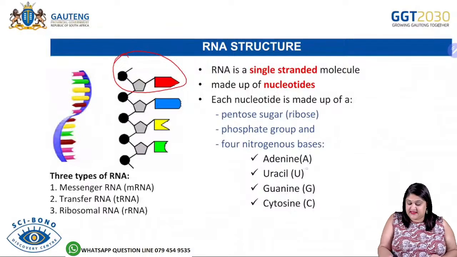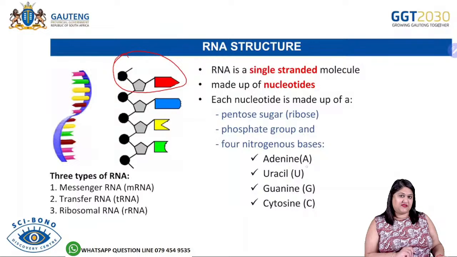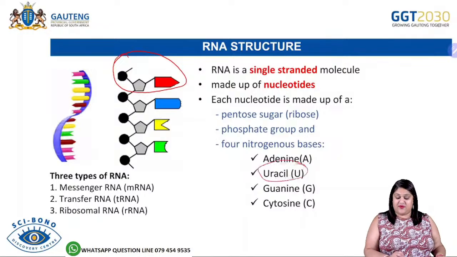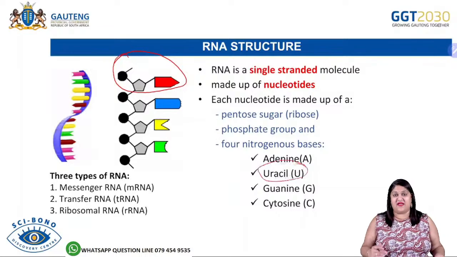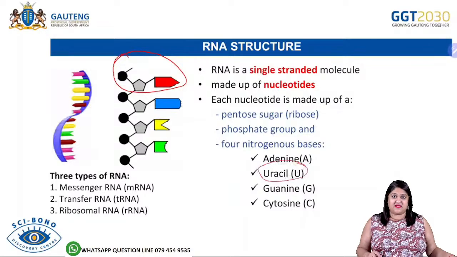But the difference is, can you see what the difference is? Give you half a second. The difference here is with number 2, where here we have uracil, whereas we normally have thymine in the DNA. So that's very important to know, and you need to know the structure of DNA and RNA very well in order to understand what we're going to do next, which is your DNA replication, and then protein synthesis as well.